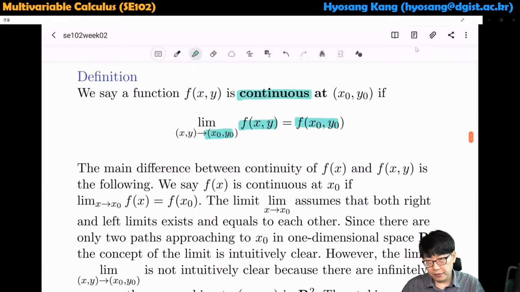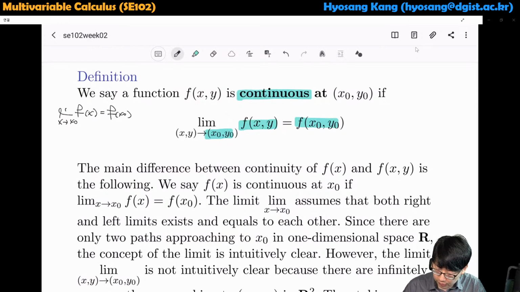There's a big difference when we talk about this limit. It looks the same because for the continuity of a single variable function, we simply said when x goes to x0, then f(x) goes to f(x0). That's the continuity definition of a single variable function.